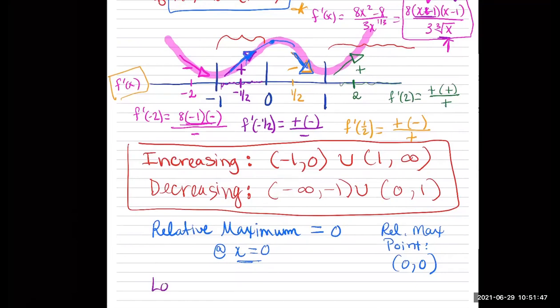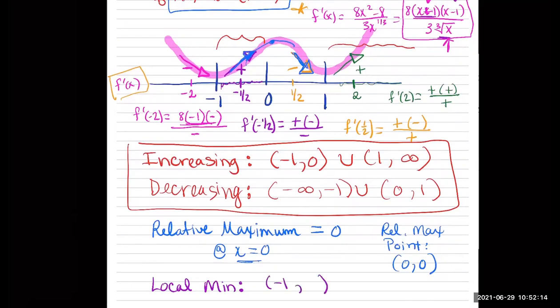Okay, so now let's see if we have any local minimum points. And I think you can see that we do, right? So we are going to have local min where? Can you tell me where they will occur? Good, at -1 and 1.